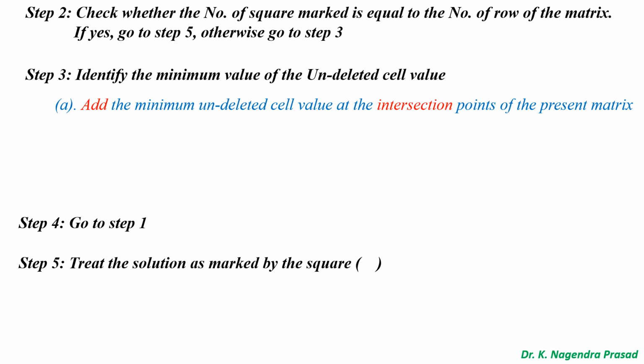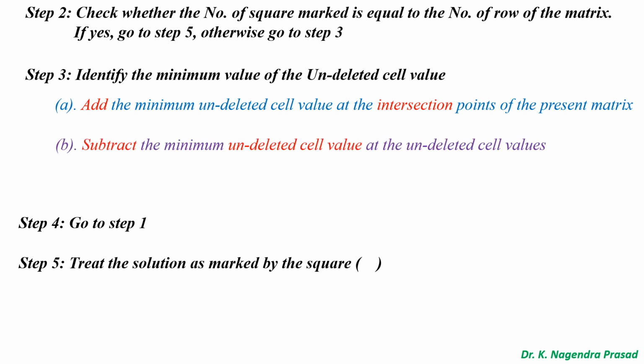Then we add this minimum uncovered cell value at the intersection points of the present matrix, and also subtract the minimum uncovered cell value from the uncovered cell values, and all the remaining values stay the same. Then go for step 4, that is, go to step 1.